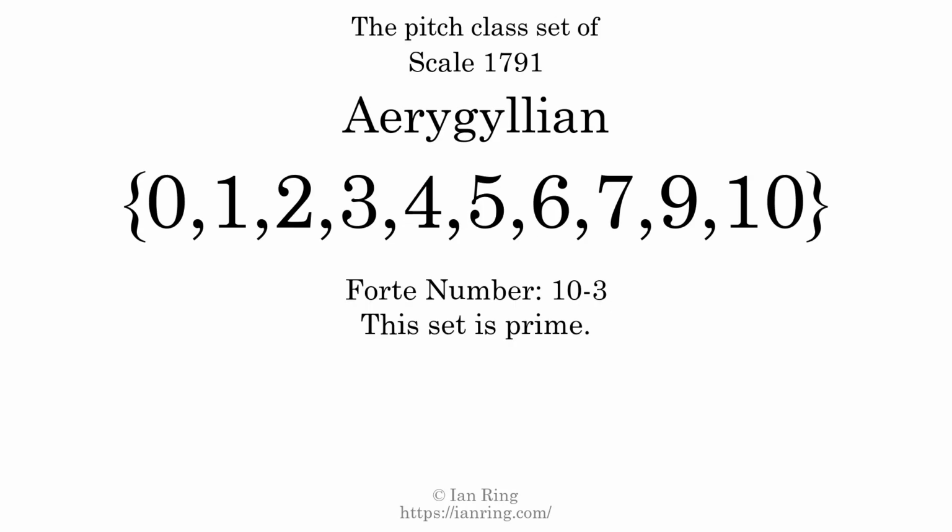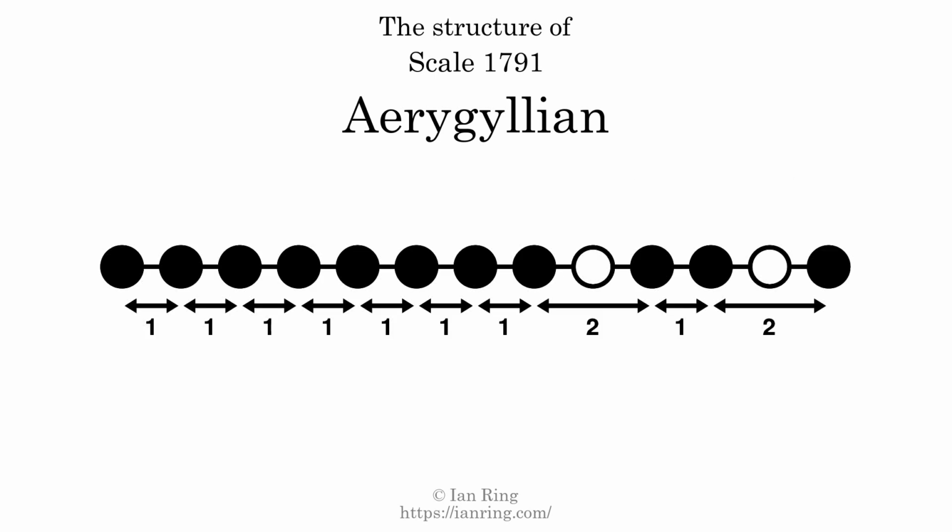The pitch class set for this scale is 0, 1, 2, 3, 4, 5, 6, 7, 9, 10. The prime class is 10, 3. This set is prime. The structure of a scale is a description of the interval distance between each successive tone. This scale has a structure of 1 1 1 1 1 1 1 2 1 2.